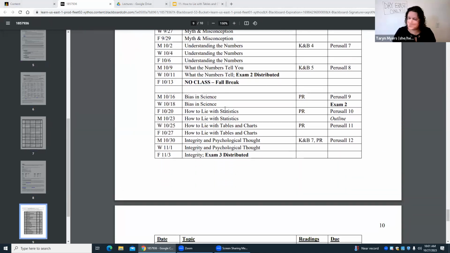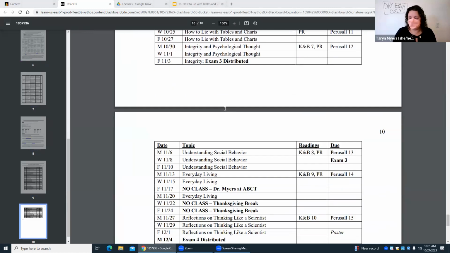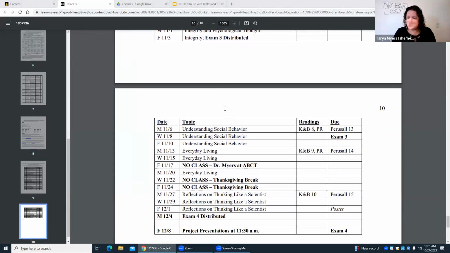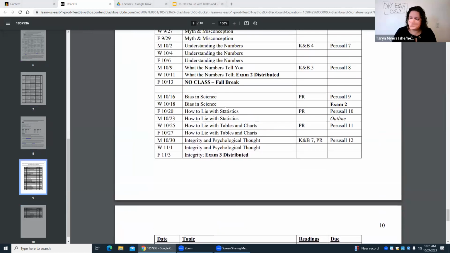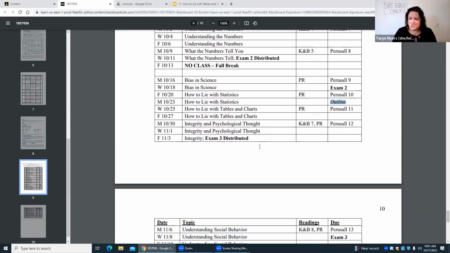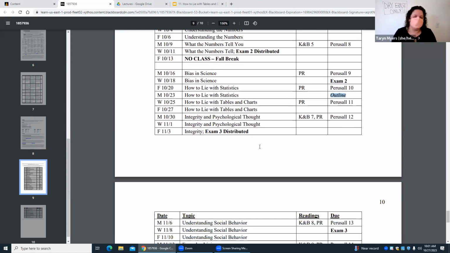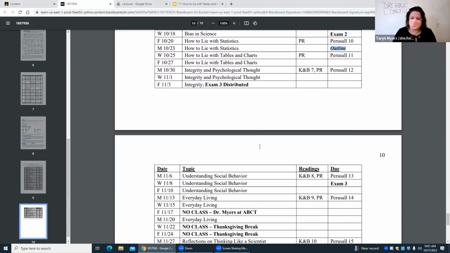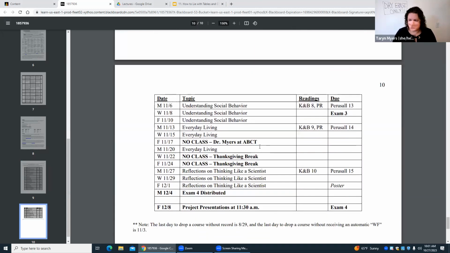Exam 3 will be distributed next Friday, and then it'll be due the following Wednesday. Be thinking about your project. Your outline was technically due Monday, obviously, as per usual, just get it in when you get it in. But don't let that slip away from you because it'll take a little longer than you think to get everything done.